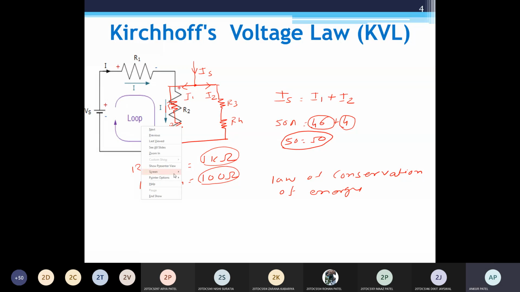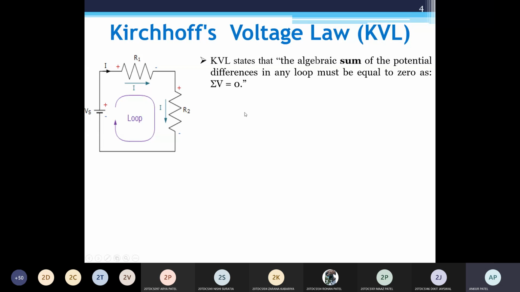Then we discuss KVL. KVL states that in any closed path of a circuit, the algebraic sum of potential differences in any loop must be equal to 0, sigma equal to 0, or I can write sigma IR plus sigma EMF is equal to 0.